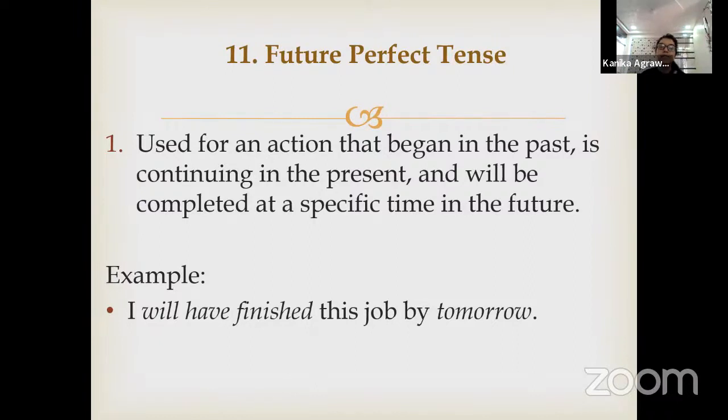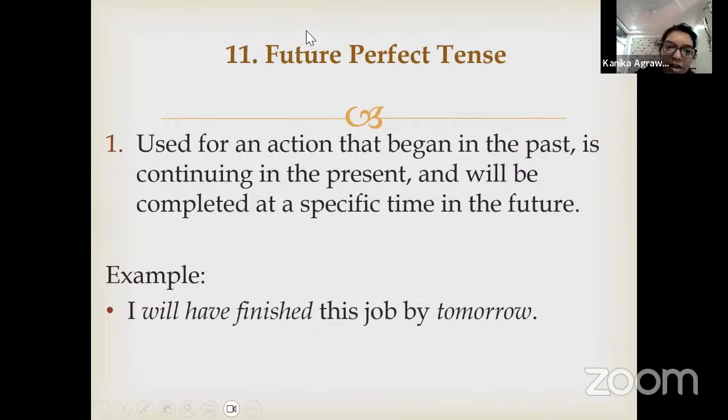Okay, something like this. I will have finished the homework by tomorrow morning. Is it clear? Like you started something in the past and you're still doing it and you will complete it soon. So in that case, that entire thing is known as future perfect tense.